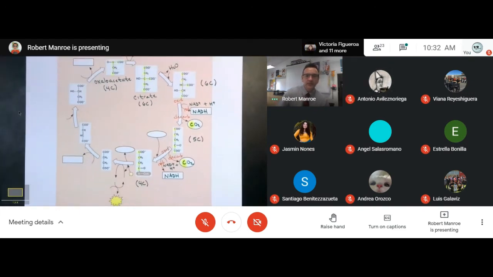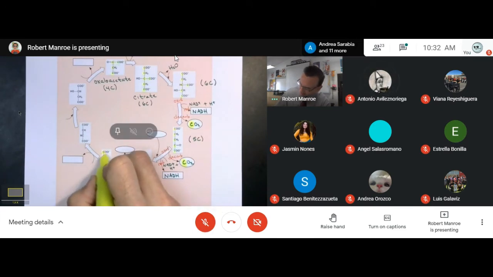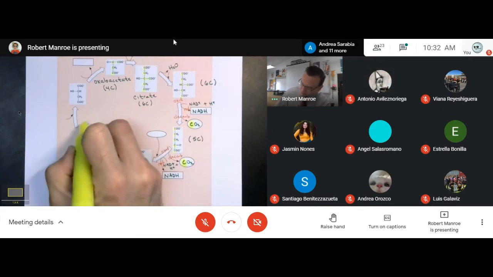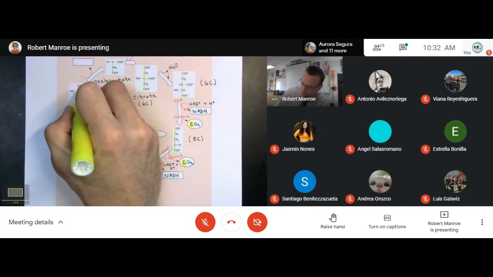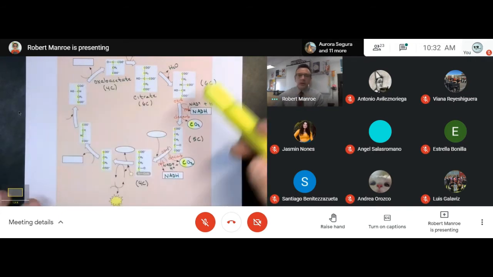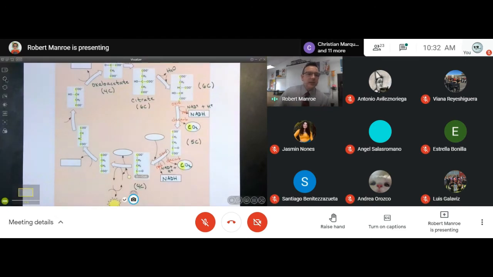Same. They're the same. So do we have any decarboxylation over here at all? No. Let me zoom out on that just a little bit.